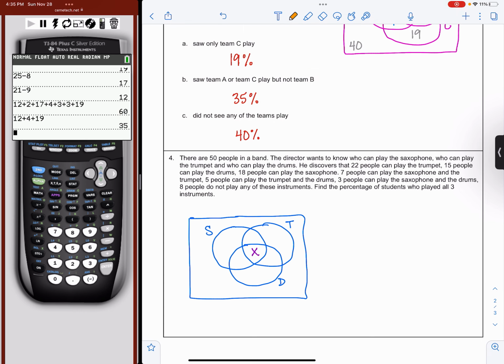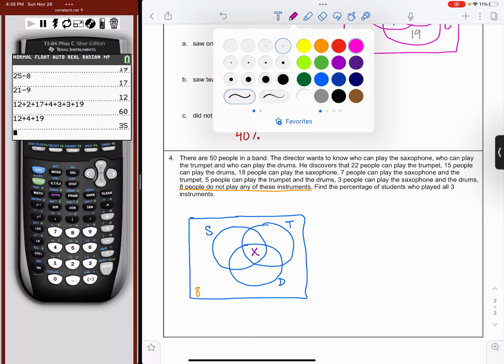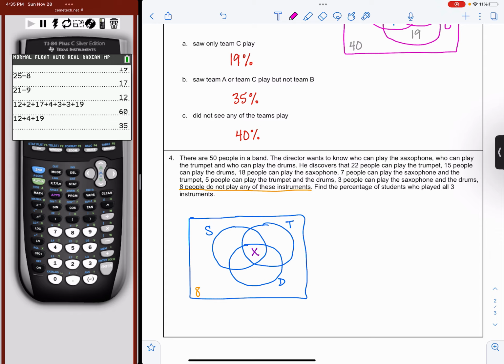It says 8 people do not play any of these instruments. So that means that I have 8 on the outside. It says that you have 3 people who can play the saxophone and the drums. So the saxophone and the drums, they cross here. So I know that there are 3 people in this area. So I'm going to say that the people who play saxophone and drums only will be 3 minus X here.